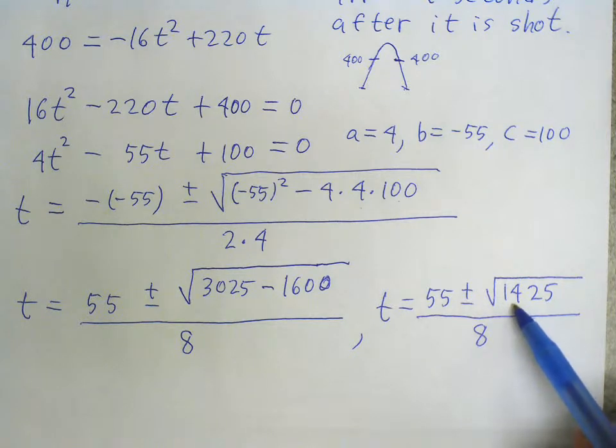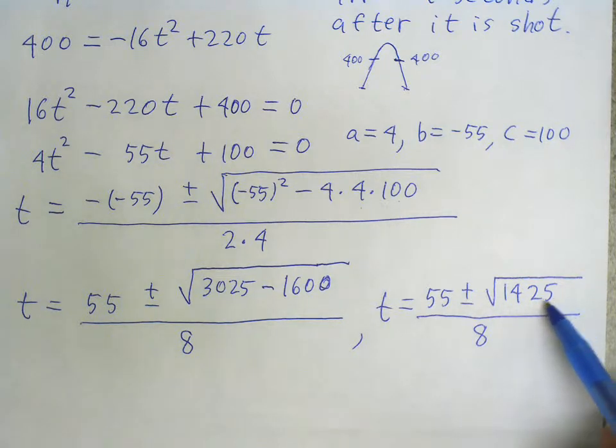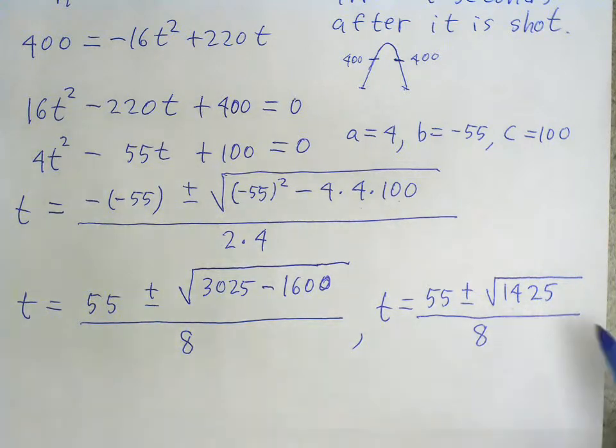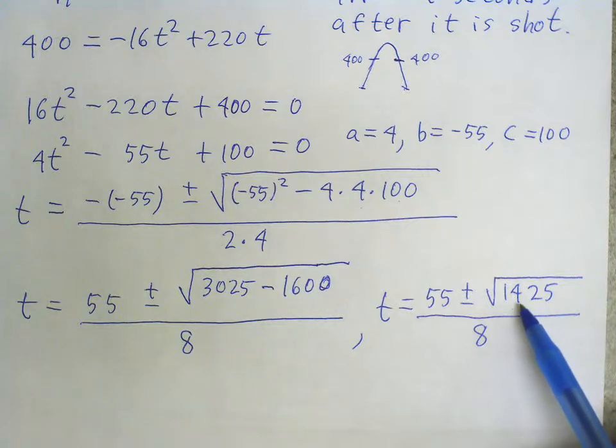Well, notice that 1,425 has a factor of 25. 25 times 57 equals 1,425. So 25 is a perfect square factor of 1,425.